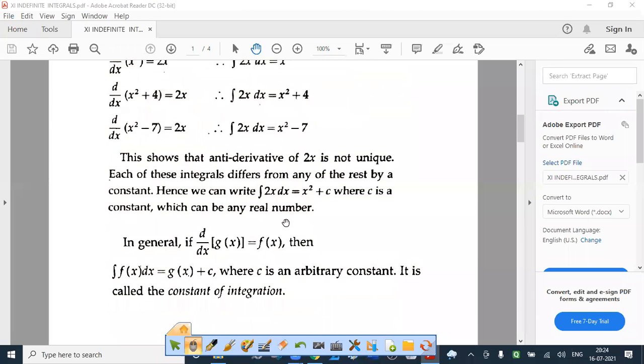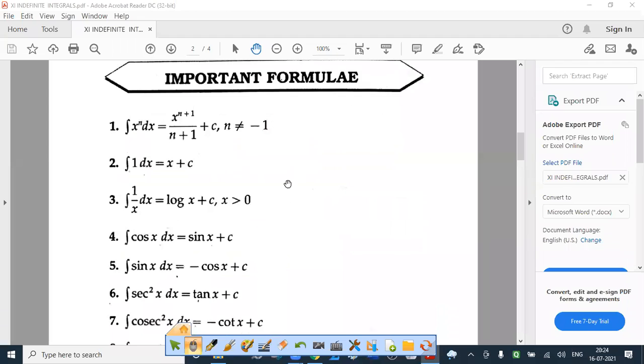Now, in this list of formulae, the integral of x raised to n is this. The integral of 1 is x. The integral of 1 upon x is log x, because the derivative of log x is 1 upon x. What is the integral of cos x?